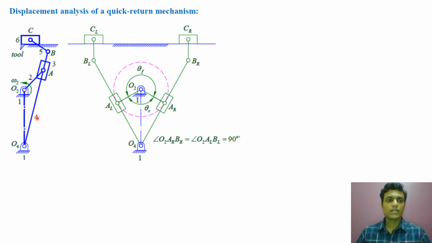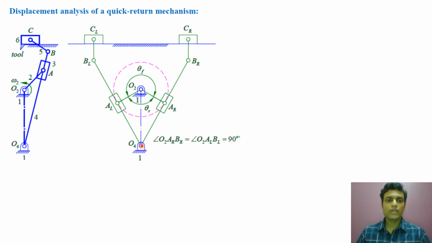The link 4 at the extreme right position will be tangent to this circle. So at the extreme right position, link 4 will make a tangent with this circle generated by point A.